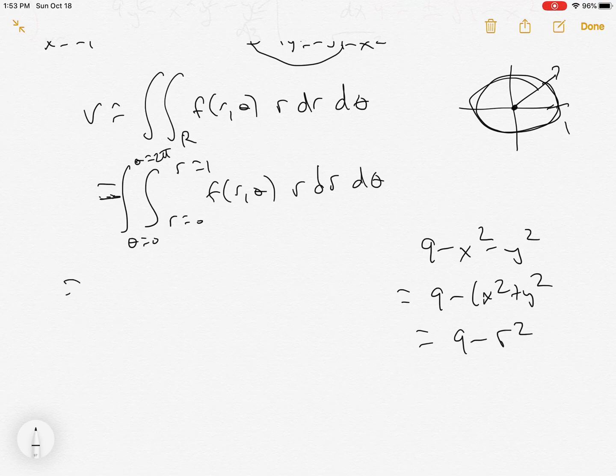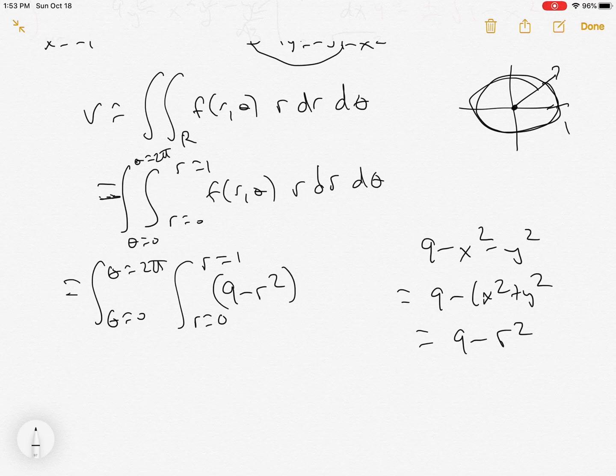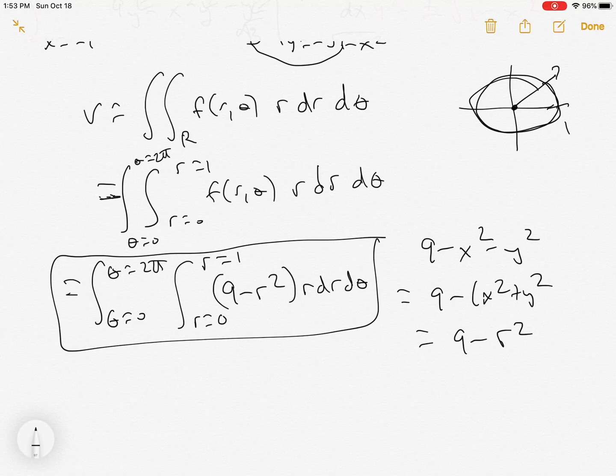And so now the integral becomes the integral of 9 minus r squared, times r, dr d theta. And now all you have to do is the power rule a few times. Don't forget to distribute the r first, and it's actually not that bad at all.